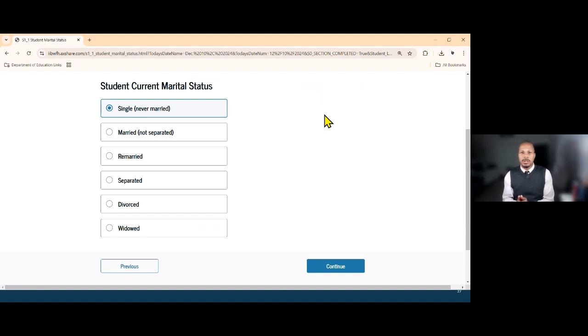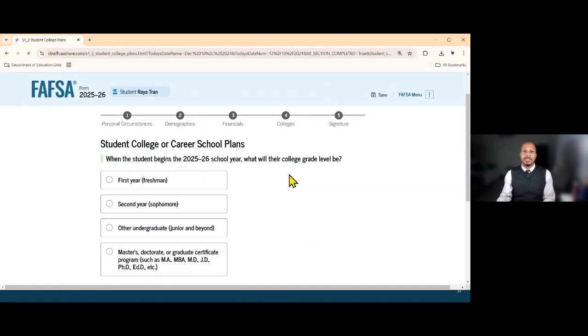But if you answer yes to one of these, then you may be considered an independent student. This is how we're asking and fleshing that particular question out. If you are considered married and not separated, that's also a flag to treat a student as an independent student. So keep that in mind when you're starting these questions and why we're asking them. So we go ahead and hit continue.